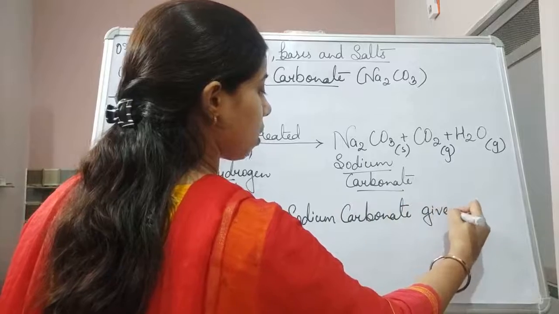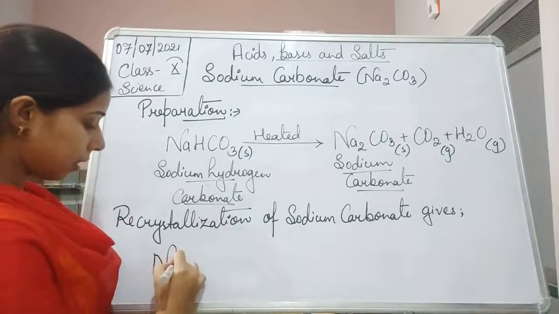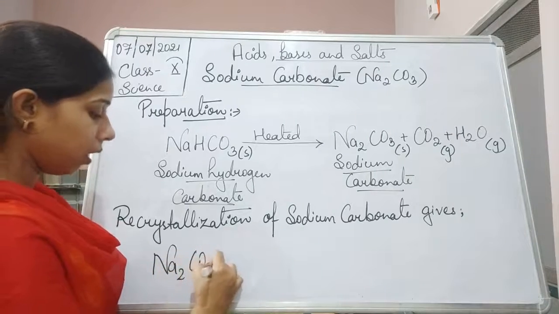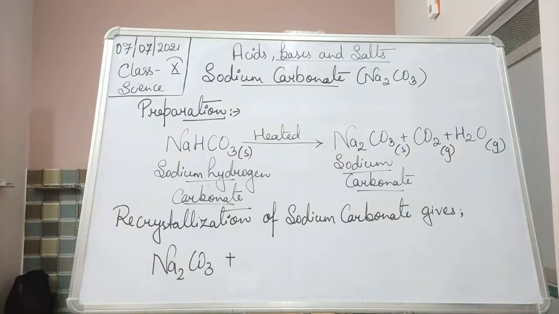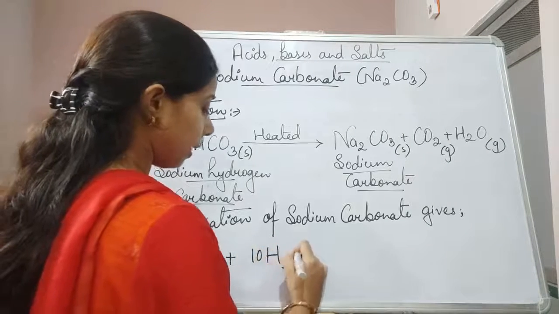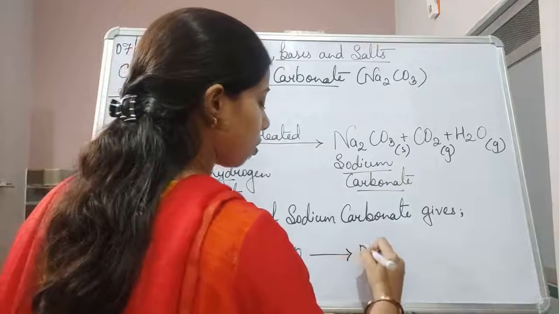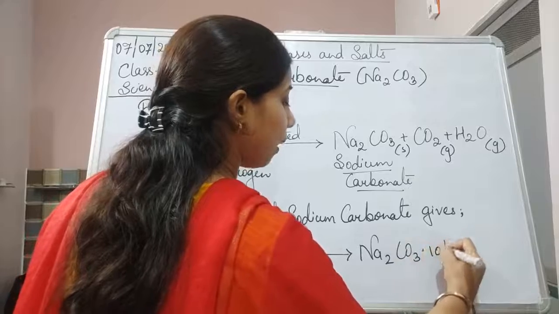Recrystallization means this Na2CO3 will be mixed with water. 10 molecules of water will combine along with it, and thus there is a formation of Na2CO3.10H2O.